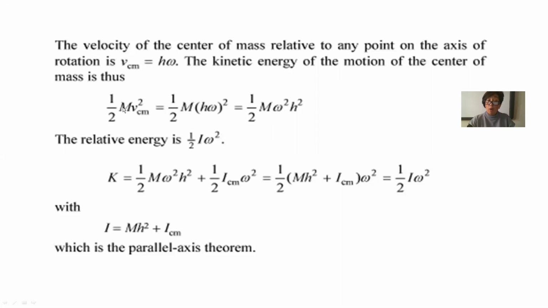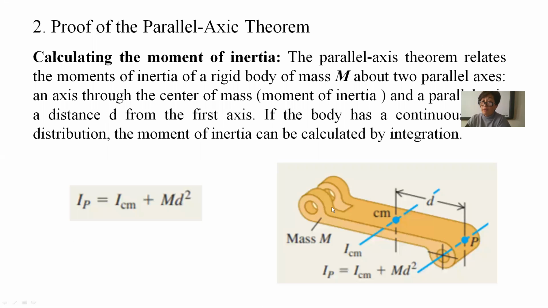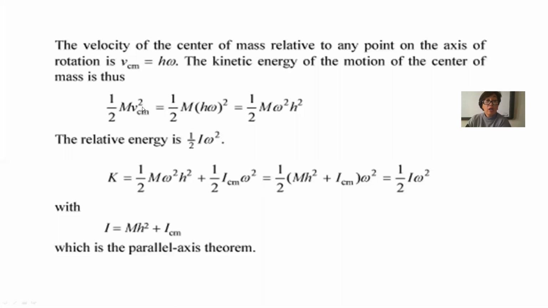This is the mass of the rigid body, m. We know the velocity of the center of mass relative to any point on the axis of rotation.